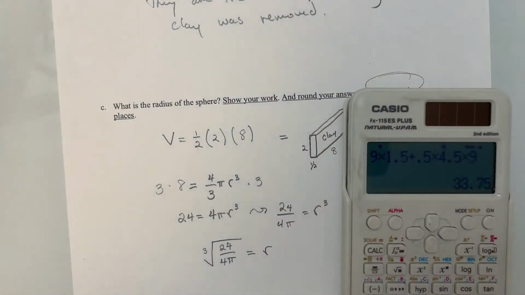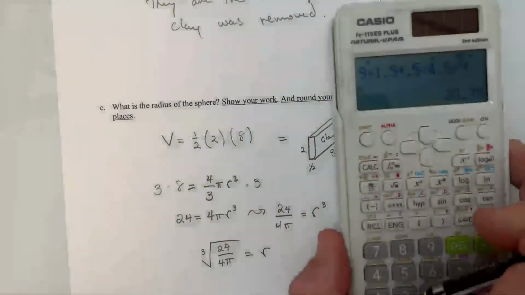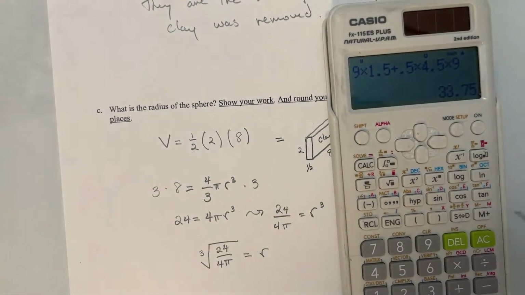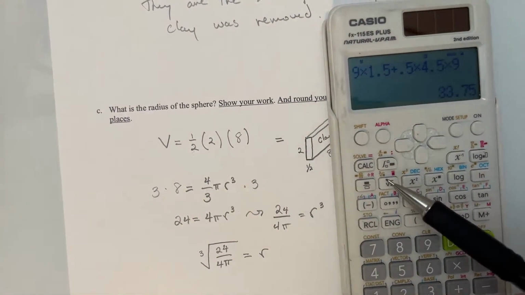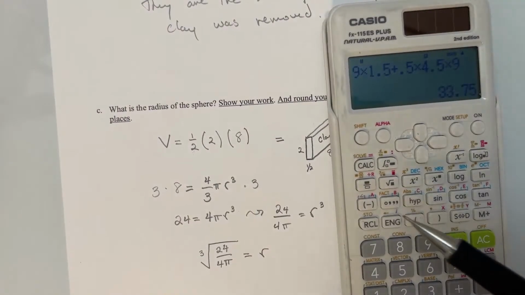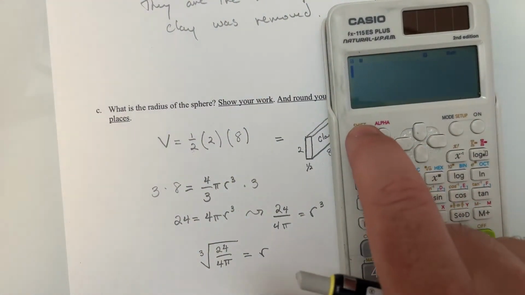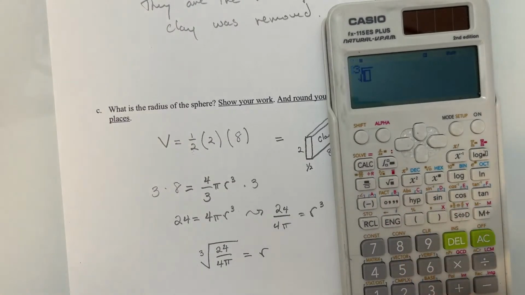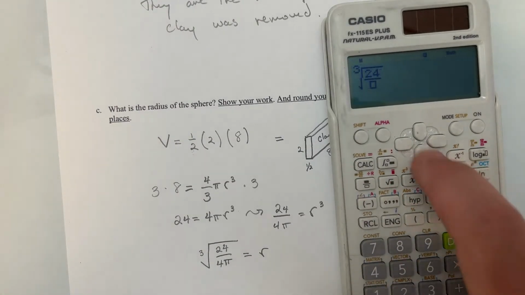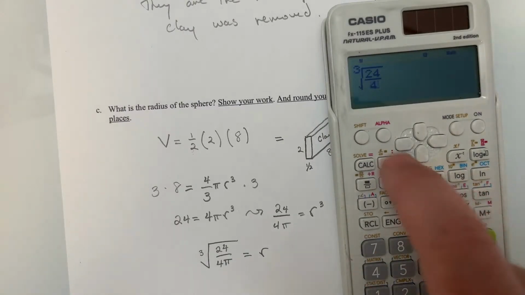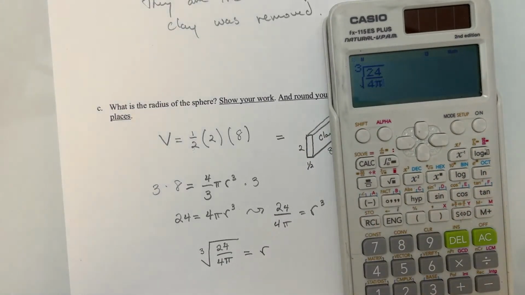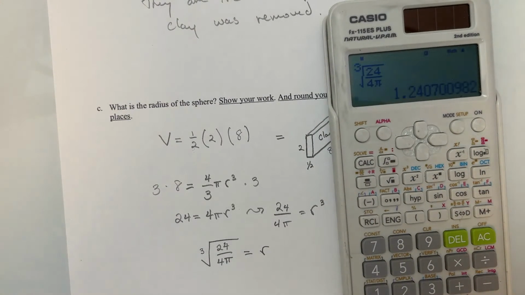So in here, cube root is going to be kind of behind the square root. So you'll say shift, let's get rid of this actually. So shift, cube root, and then fraction, 24, 4 pi, and then we'll round.